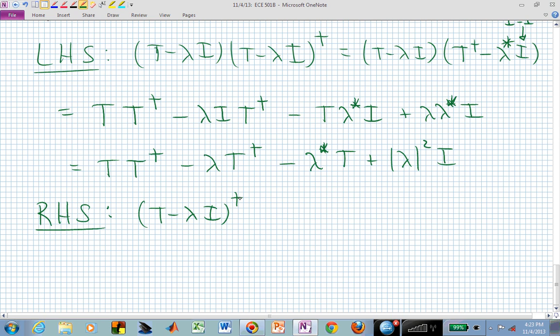The right-hand side was (T minus lambda I) adjoint times (T minus lambda I).